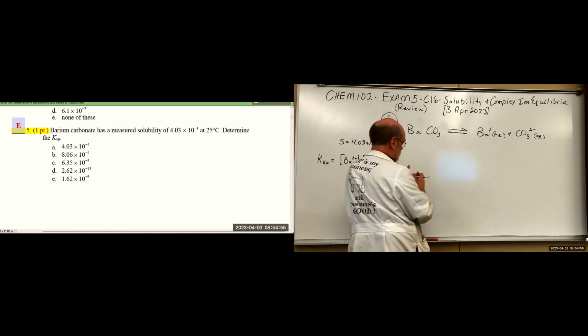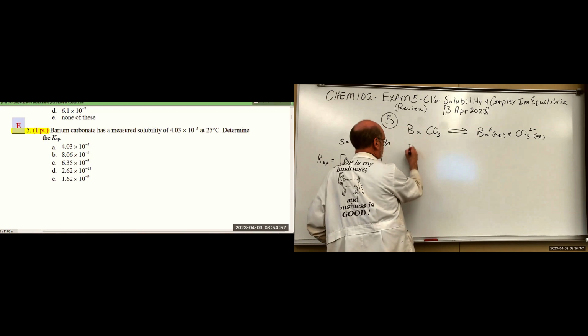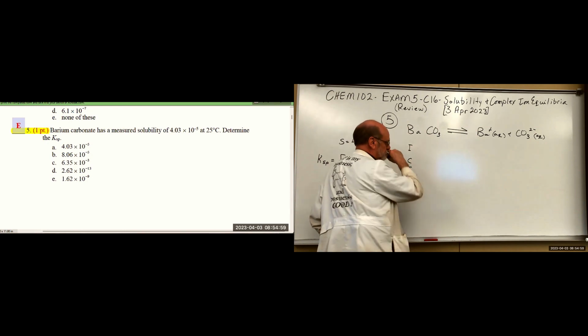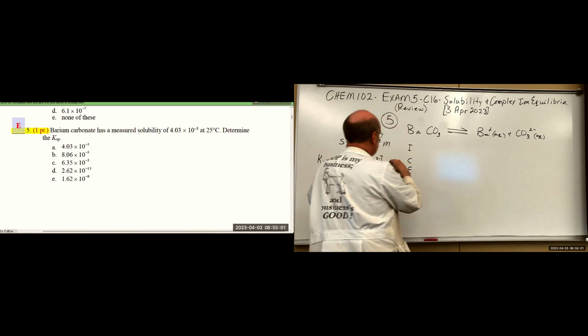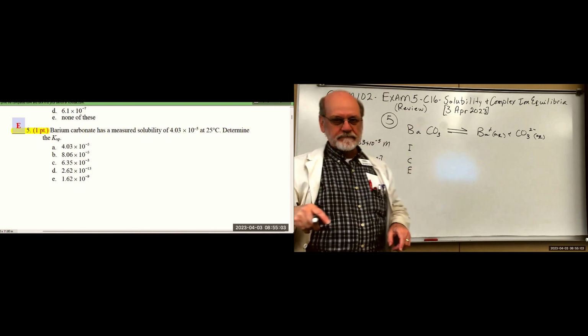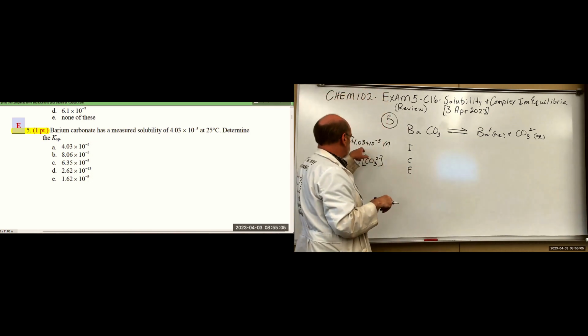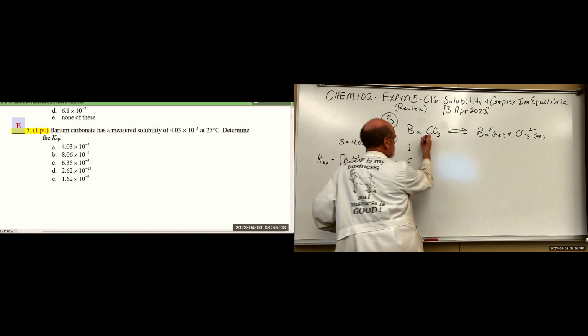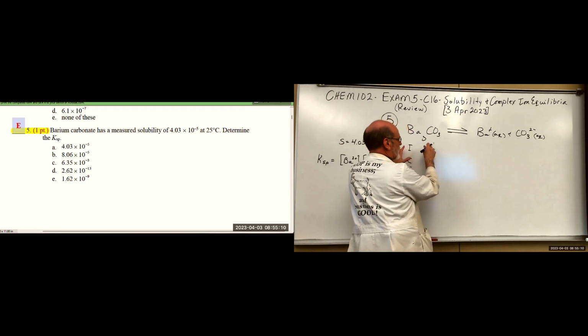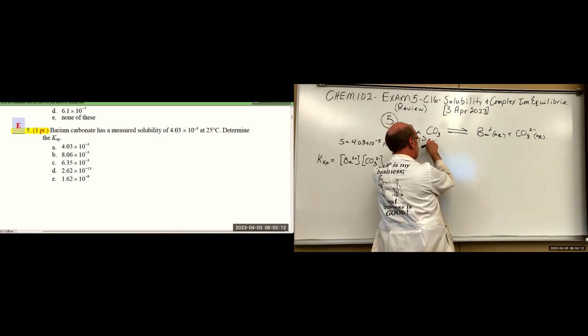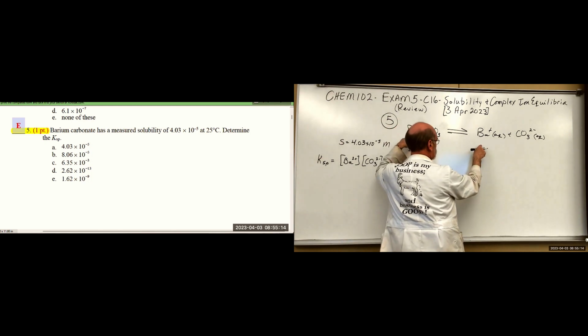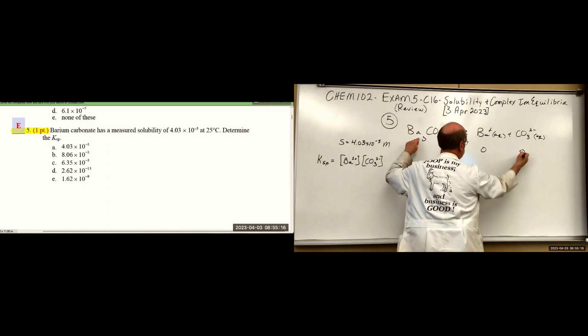Okay, so I set up an ICE table. If the solubility is a value of S here, that means that for every one of these that goes into solution, you get one of those, right? So initially we've got nothing.